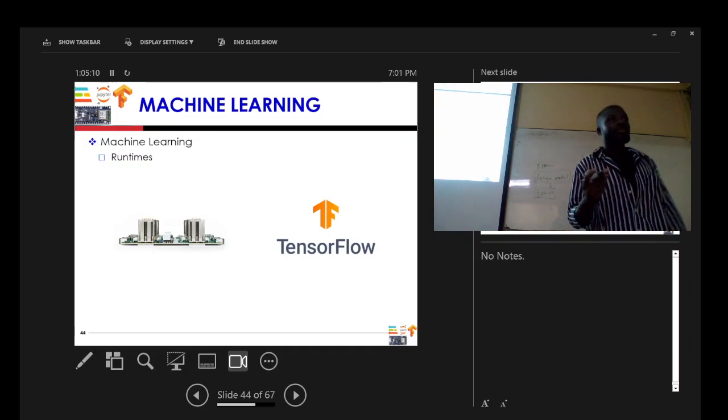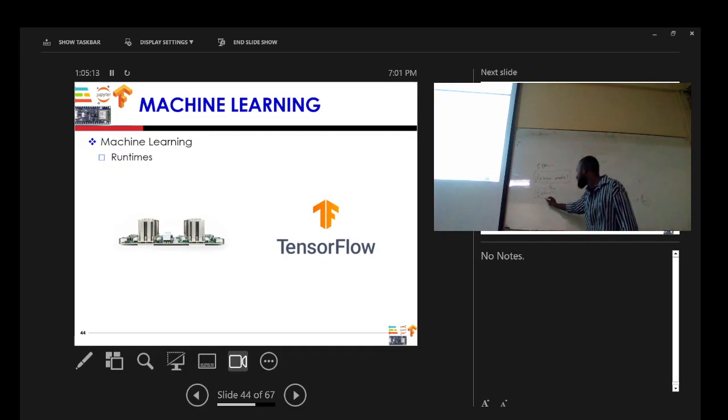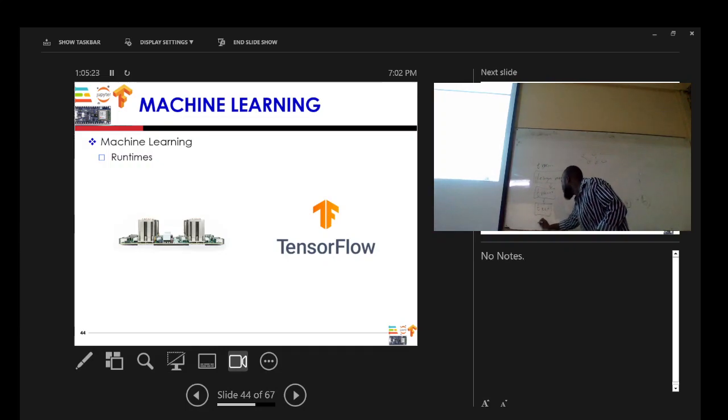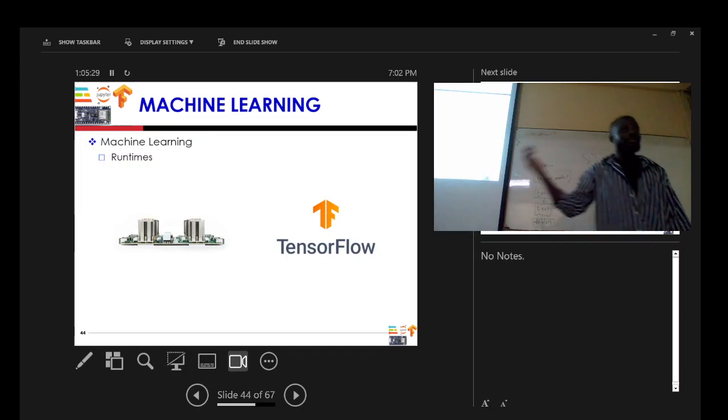After you train your model, you test your model. And after testing and everything has gone well, you deploy your model. Easy, right?